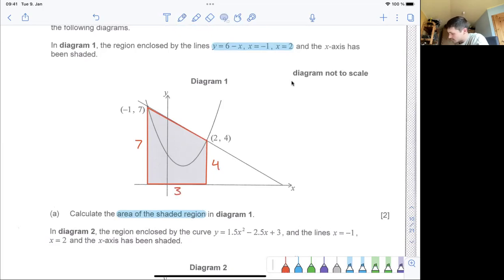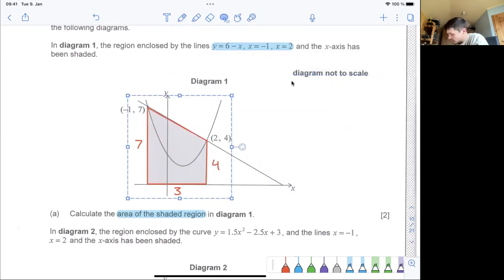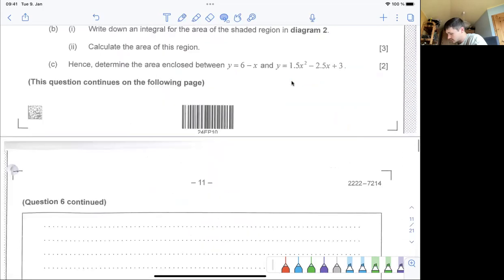Now, I understand why you might be confused why I'm calling that the height. Essentially we could turn it over like that, and then that would be our trapezium, trapezoid, if we wanted to look at it like that. Let's show our working.